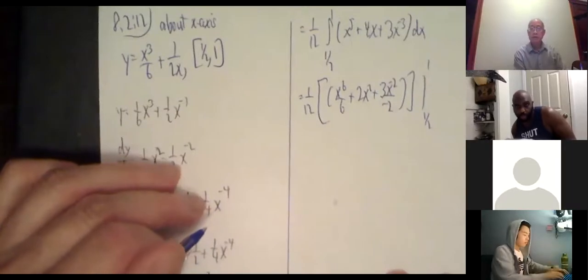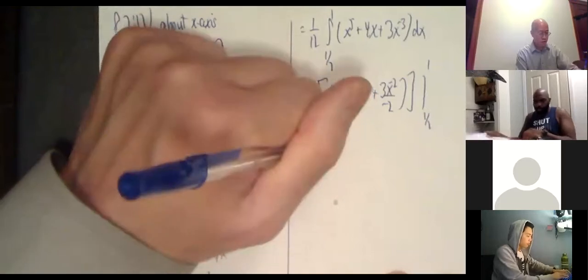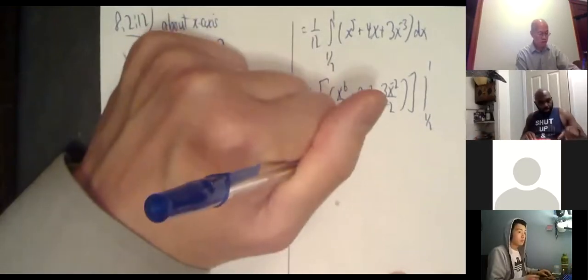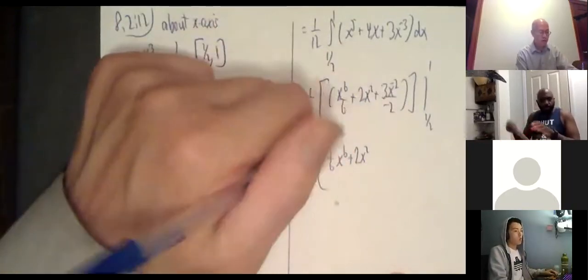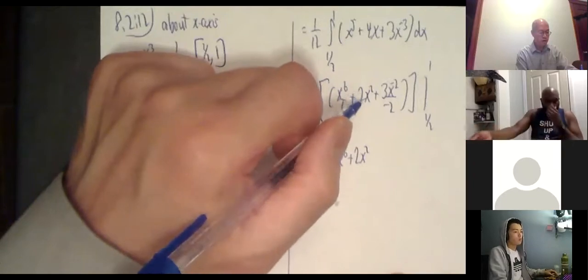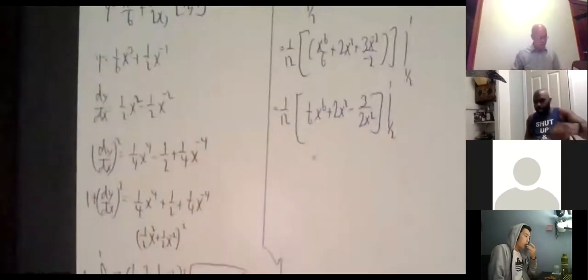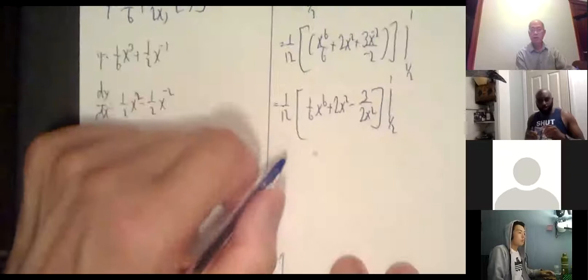Okay, that really doesn't look nice at all. 1/12 times 1/6 x to the 6th plus 2x squared, minus 3 over 2x squared, from 1/2 to 1. The 1/2 is really going to be not fun.